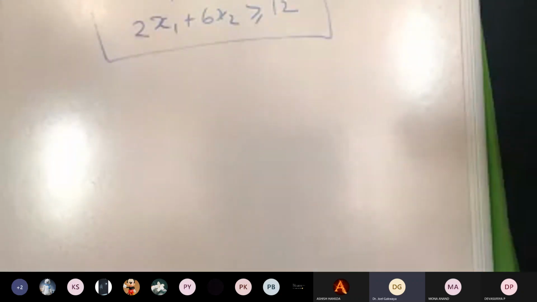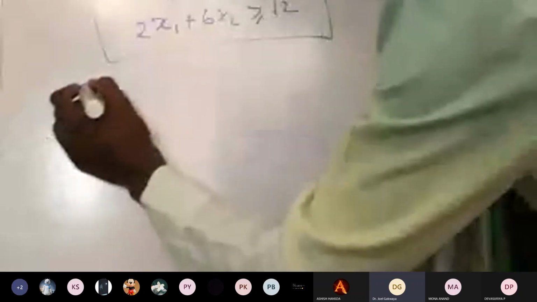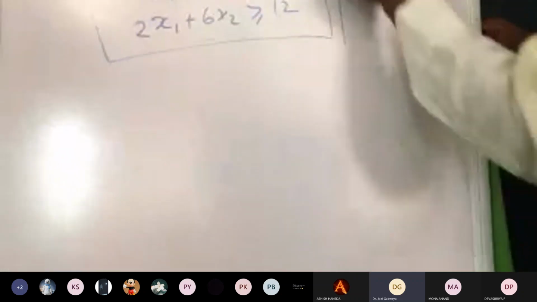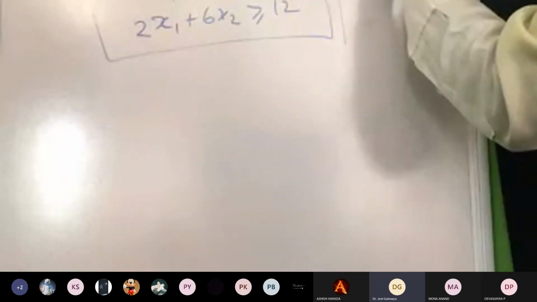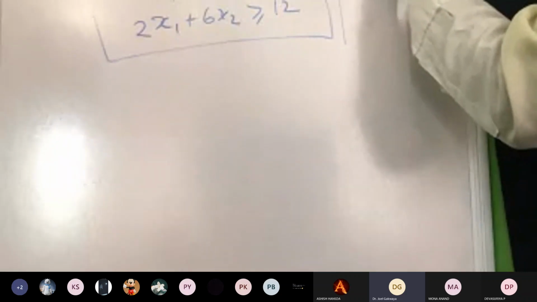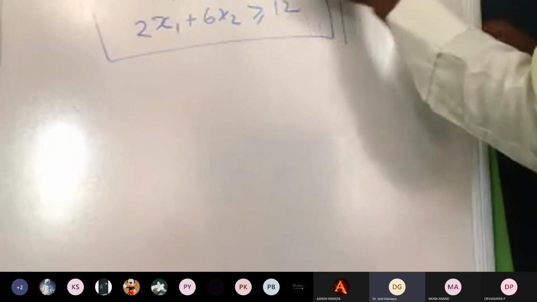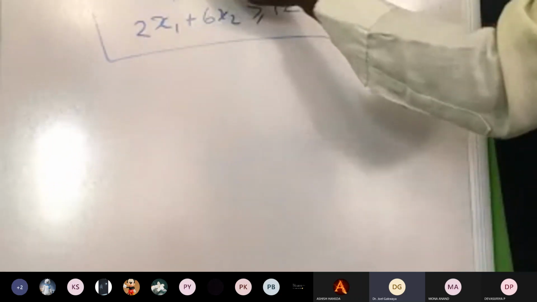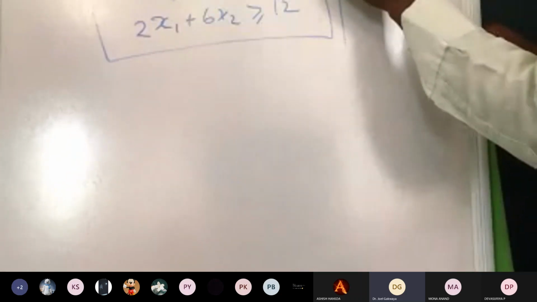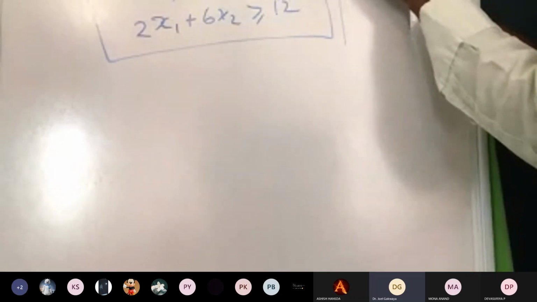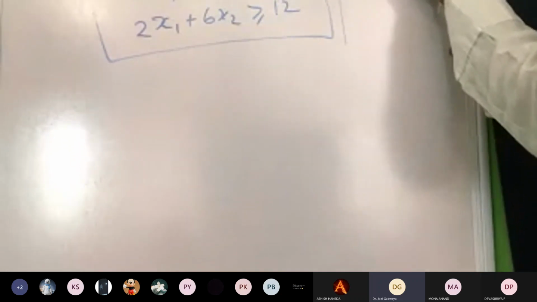Please convert this one. The question is: solve this LPP by using the big M method.